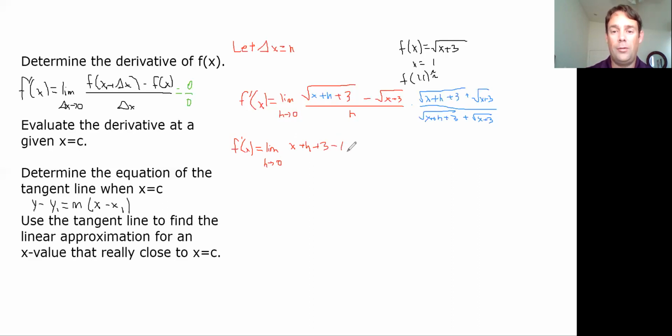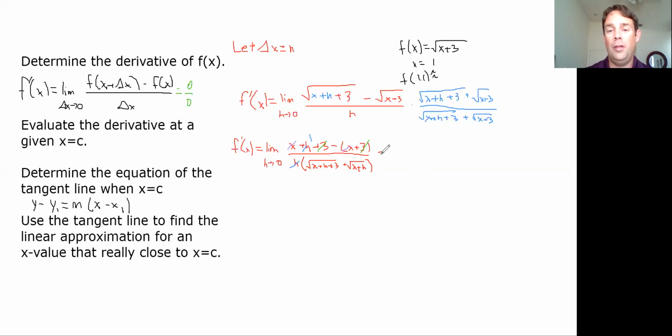And I'm going to subtract the second square root canceling out, all over... and when we distribute it, notice x's cancel out, my 3's cancel out, and then not just that, but notice my h's are going to be canceled out because they're going to divide into each other. That's all I'm going to have left.